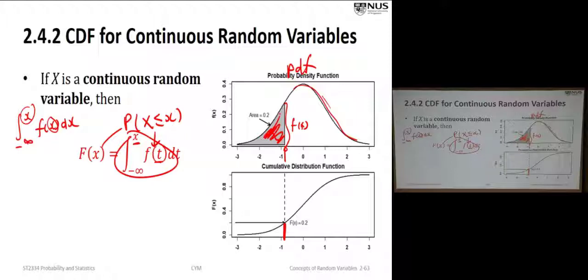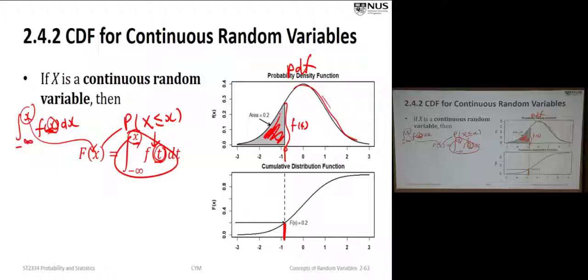They are all x, but they are different. One is the integration limit, and this x refers to the value you specify. While this is not, you can call it another name because this is just the integration argument. You can change it to another letter. Here I use t, to differentiate that these two are not the same thing.